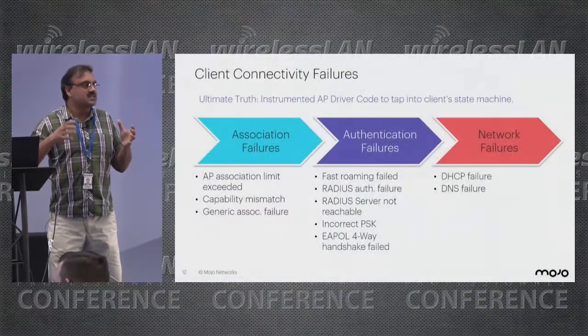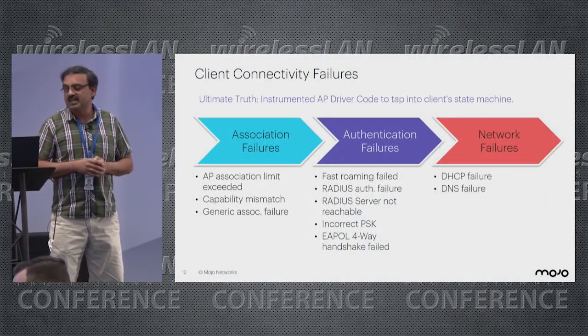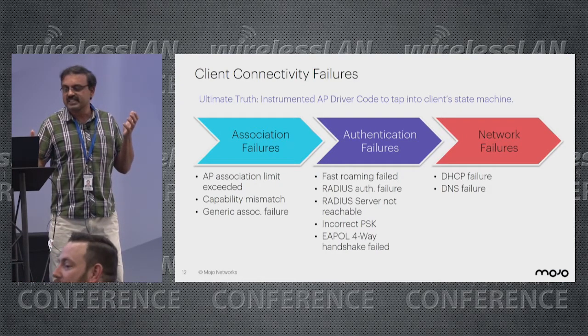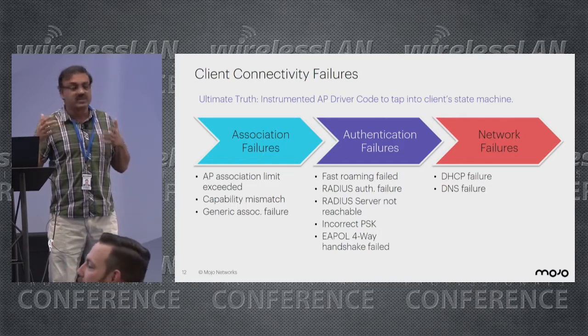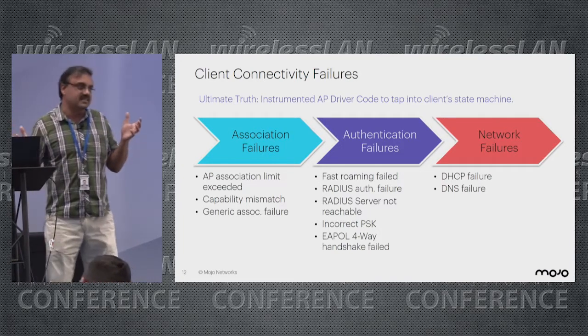To begin with, the connectivity failures. We see that there are a lot of stages that a client goes through before it is able to access the network. There is the association stage, and there can be failures there. Then there can be failures at the authentication stage, and then at the network level as well.